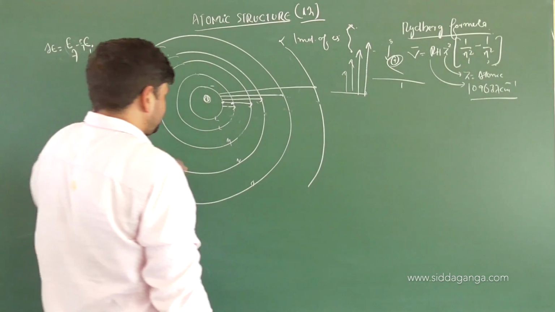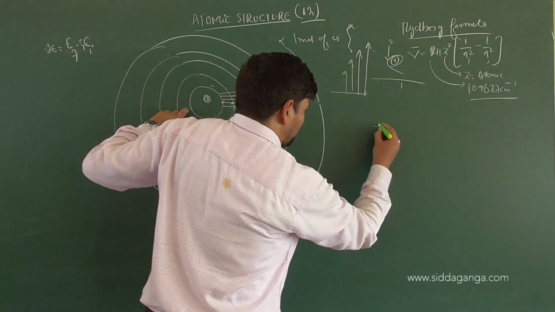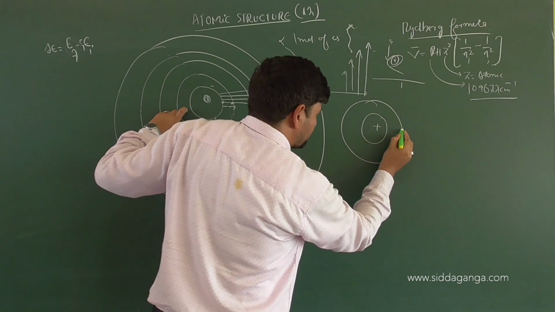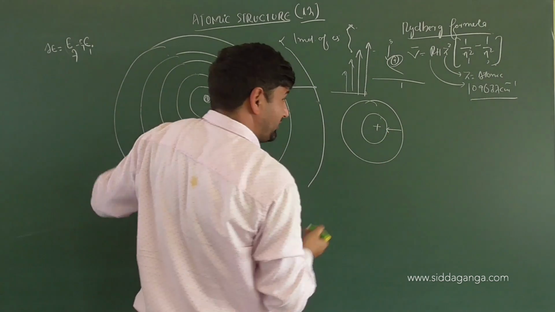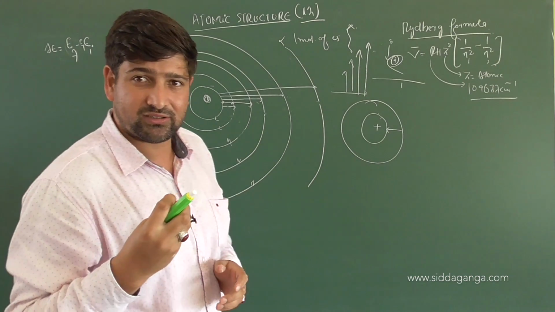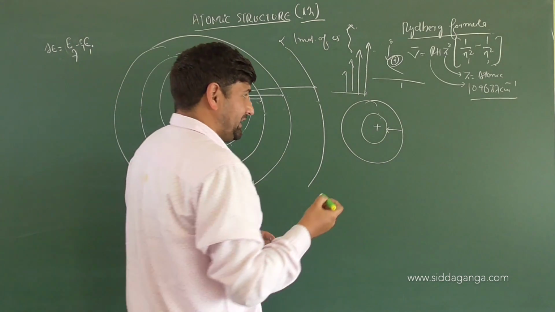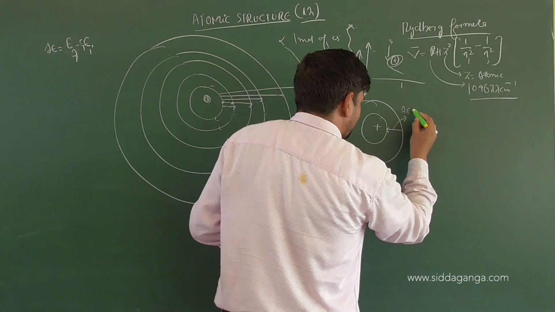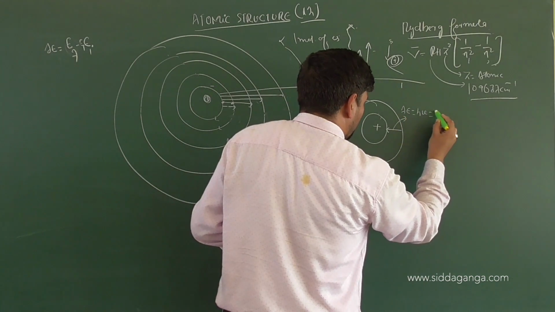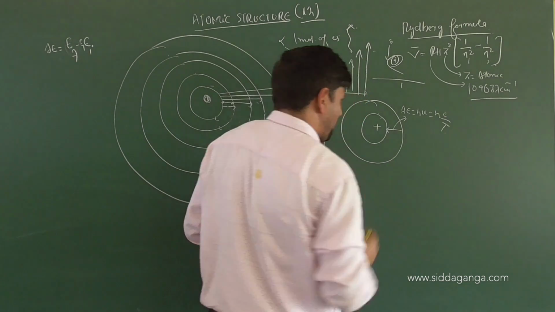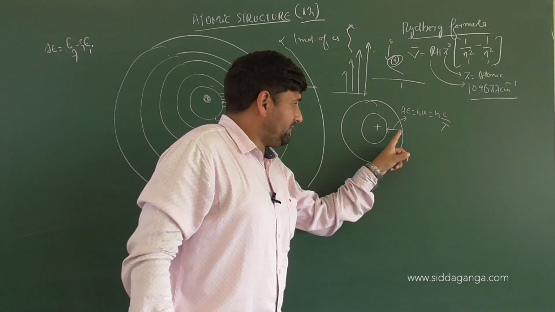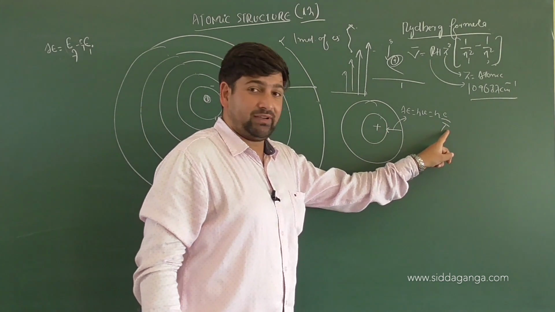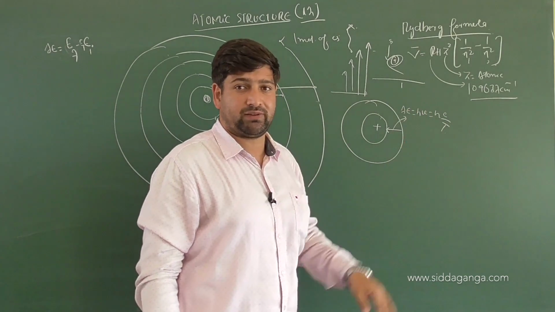That means when the electron comes back from the excited state to the ground state, it will lose energy in terms of discrete values, and the energy released will be a quantum, given by delta E, which should be equal to h nu or hc by lambda. Correct or not? So every emitted quantum of energy will pertain to a specific wavelength and a specific frequency.